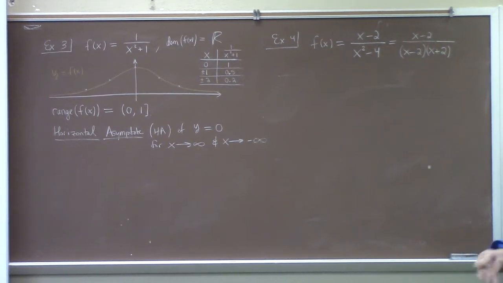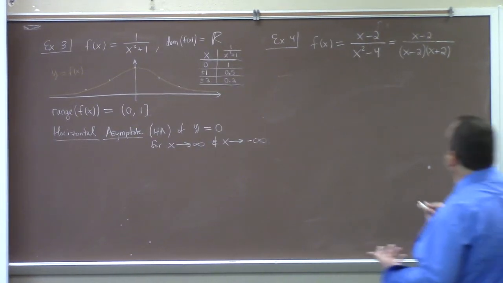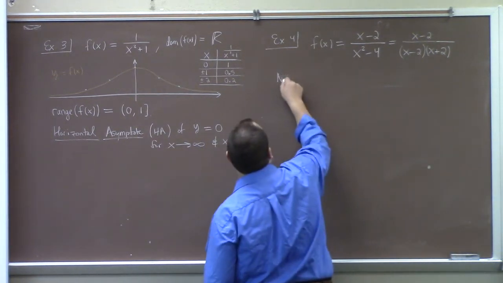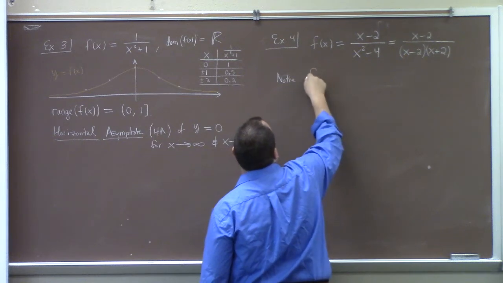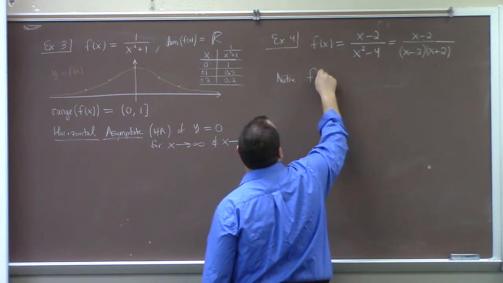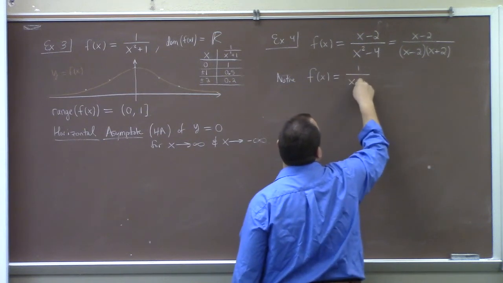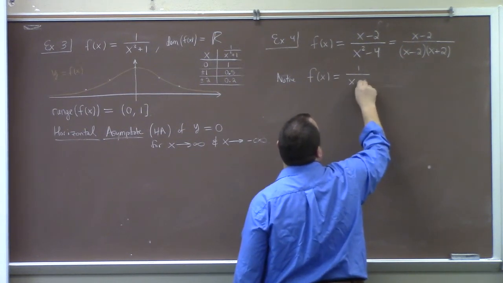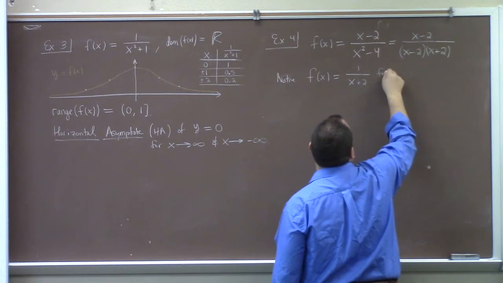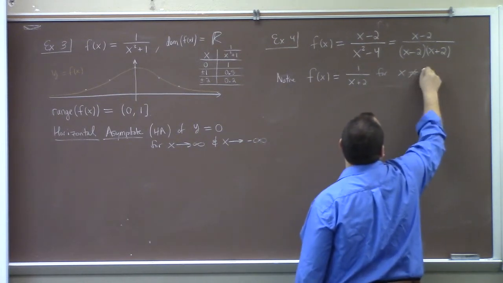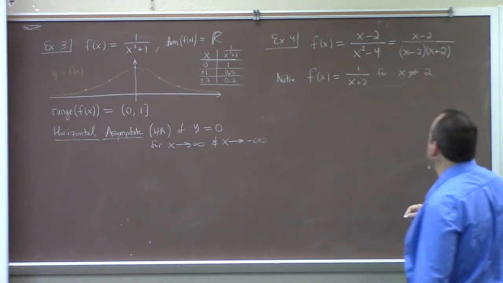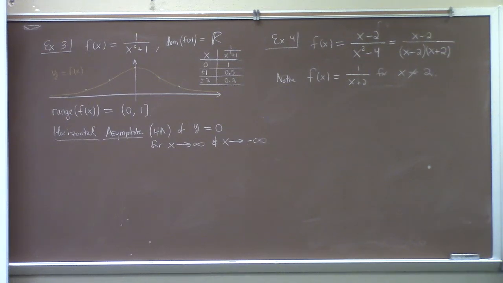And so you see we could factor something out, right? Notice that f of x is equal to 1 over x plus 2, right? For x not equal to 2. When x equals 2, the formula is not defined, right?